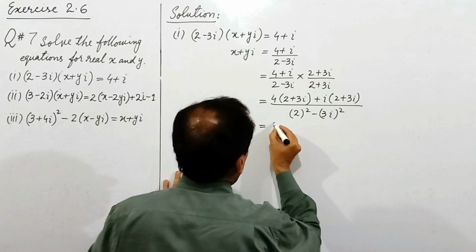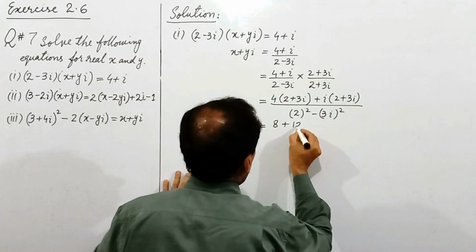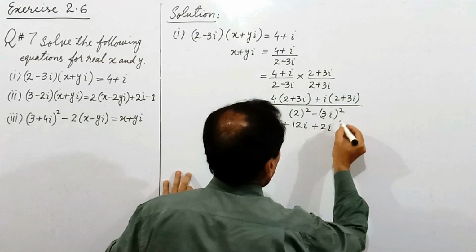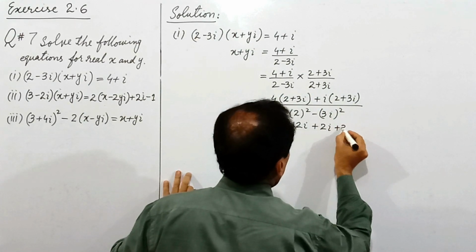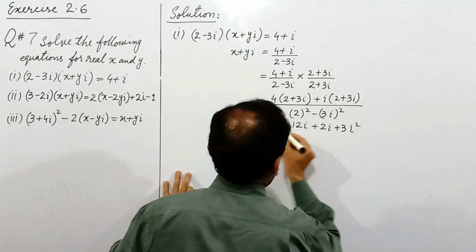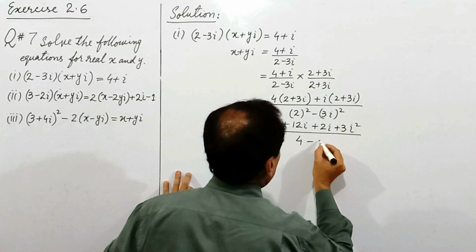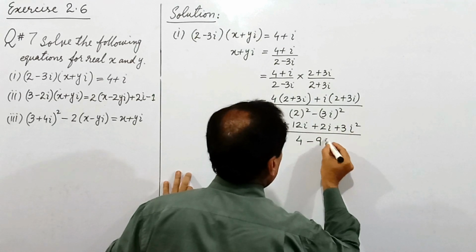4 times 2 is 8, 4 times 3 is 12i, plus 2 times 1 is 2i, plus 3i times i, that is 3i squared. 2 squared is 4, the square of 3 is 9, and i squared is minus 1.